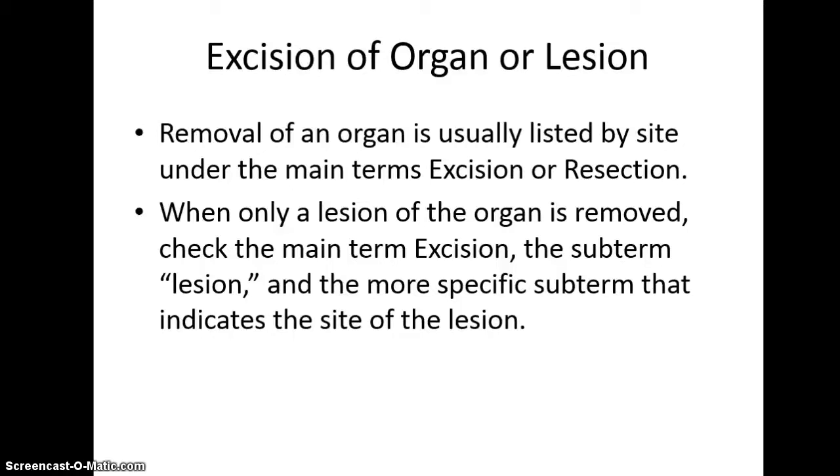So we often remind coders to put a little note next to excision and resection to refer them to the cross terms, if your particular publisher hasn't done that. When only a lesion of the organ is removed, you're going to want to check under the term excision and then look under the subterm lesion with an additional subterm identifying the specific site.